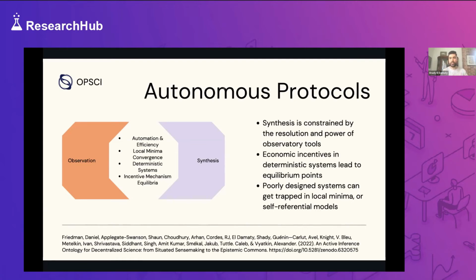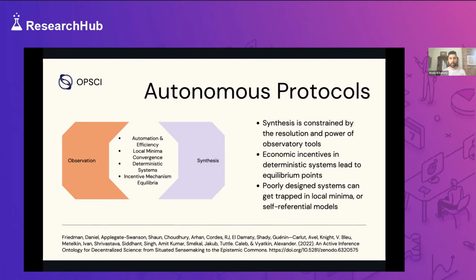So keeping in mind that synthesis is always going to be constrained by the resolution of our telescopes, by the statistical power of the observations we're able to make. And economic incentives that are dependent on that synthesis will lead to equilibrium points, right? And one key risk here is that poorly designed systems, or systems that are designed for one purpose and applied for a different purpose, like across scientific fields, have a risk of getting trapped in a local minima, right?